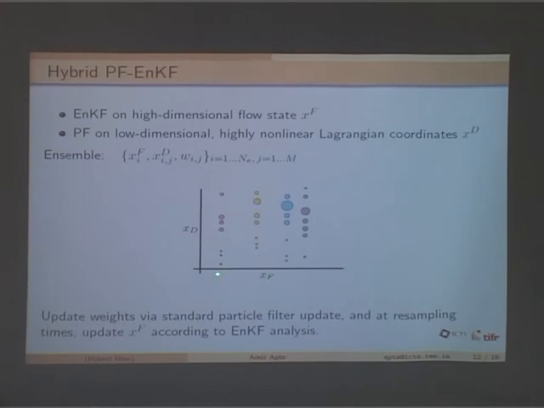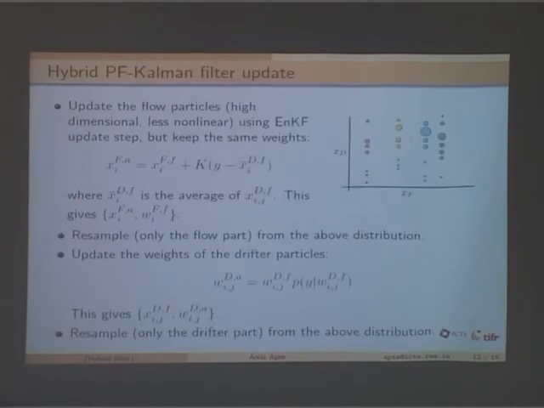What you select is a small number of flow particles, because the dimension of XF is large, but for each one of them you choose a large number of drifter particles. So effectively you sample in the direction of the nonlinearity much better than in the direction of the flow. The specific update proposal now becomes a choice that you have to make, and this is what I will show here. This is effectively one importance sampling proposal in order to make the update.